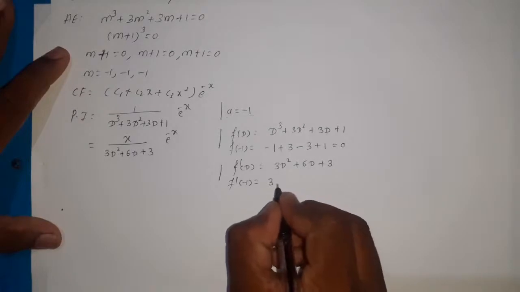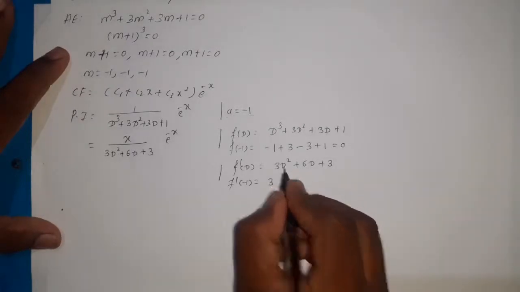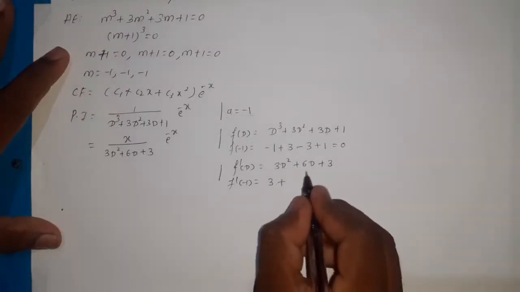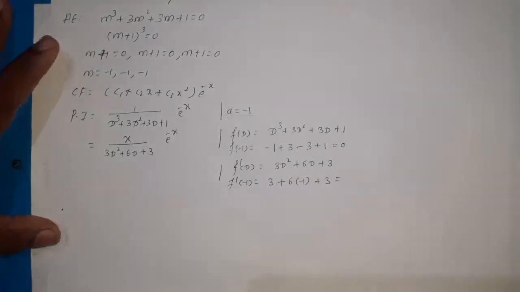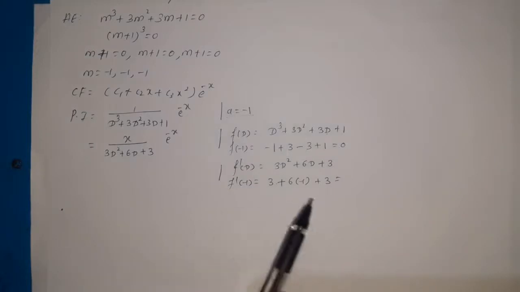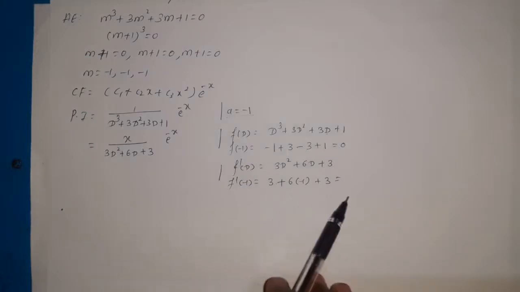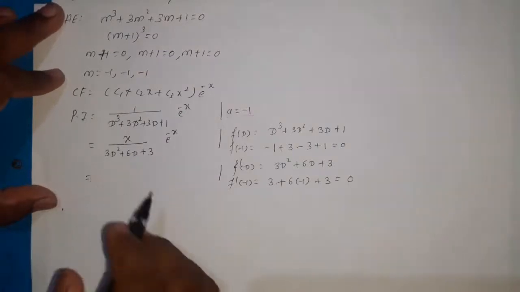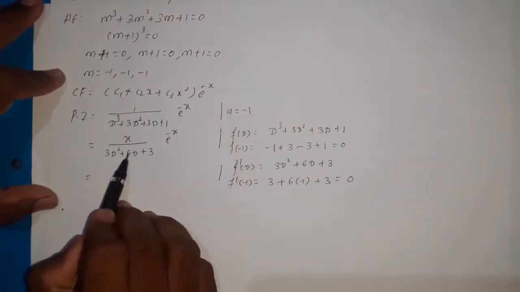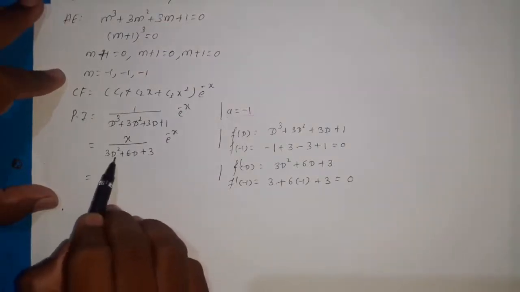Then it is 3 into minus 1 whole square, that becomes plus 1, that becomes 3 only. Then 6 into minus 1 plus 3. So here 3 minus 6 plus 3, that is equal to what? 0.